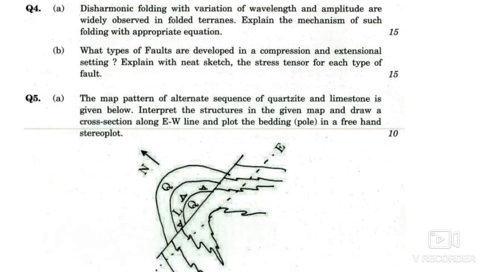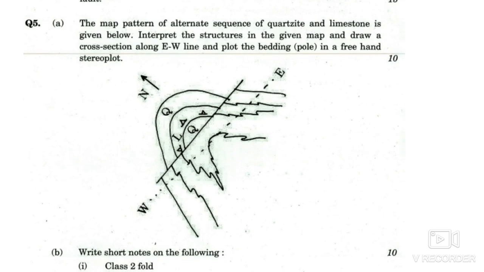And question number 5a, there is a diagram given here. The map pattern of the alternate sequence of quartzite as well as limestone has been shown below, and you have to interpret the structures in the given map, draw a cross section along an east west line, and plot the bedding poles in a freehand stereo plot.